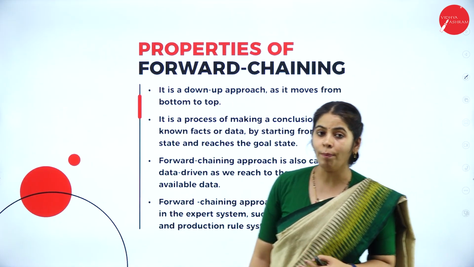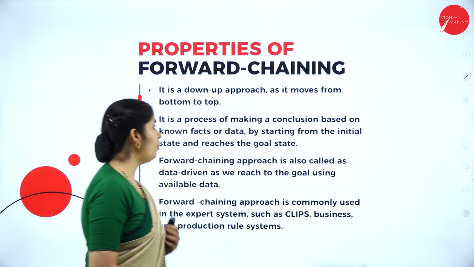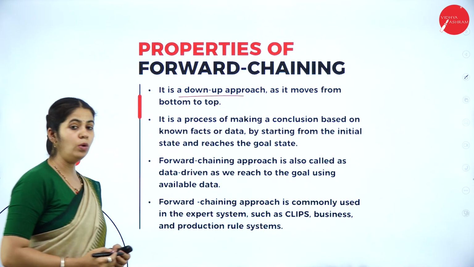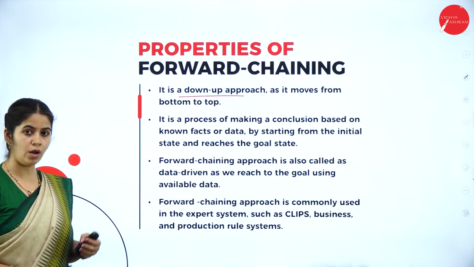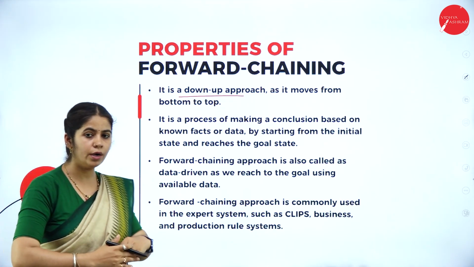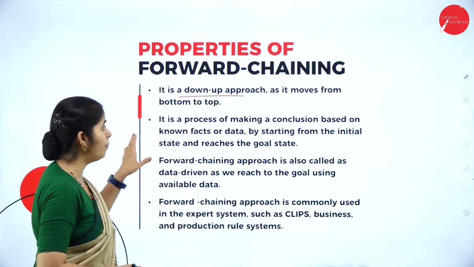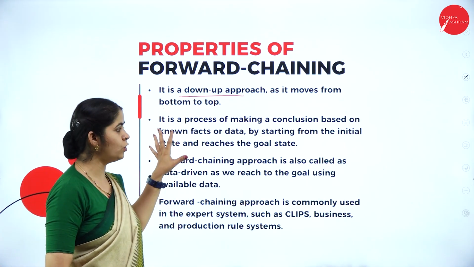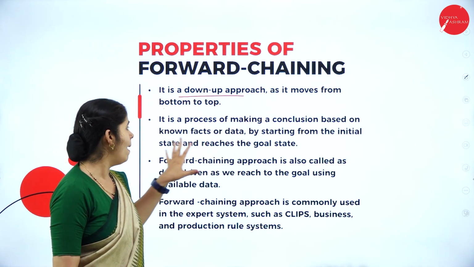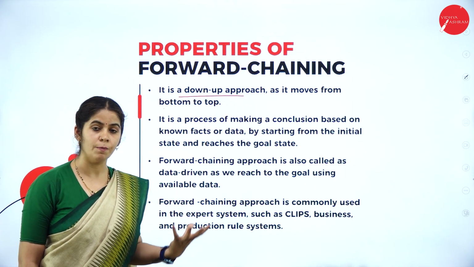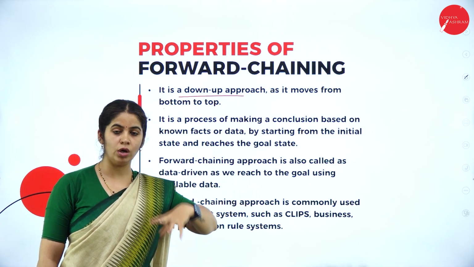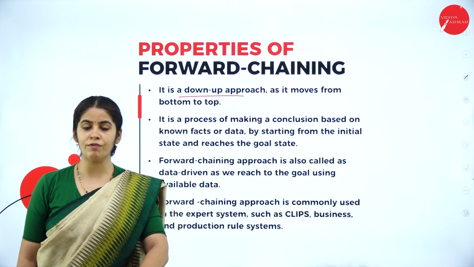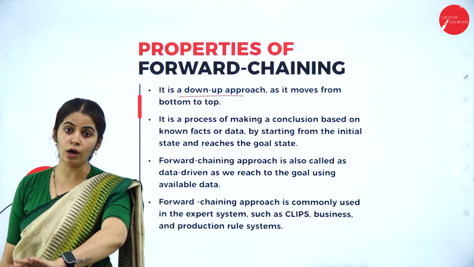What are the properties of forward chaining? First and foremost, it's a bottom-up approach. It moves from bottom to the top. It is a process of making a conclusion based on the known facts. We don't know what the conclusion or output may be. We just follow the known facts and finally reach one conclusion.